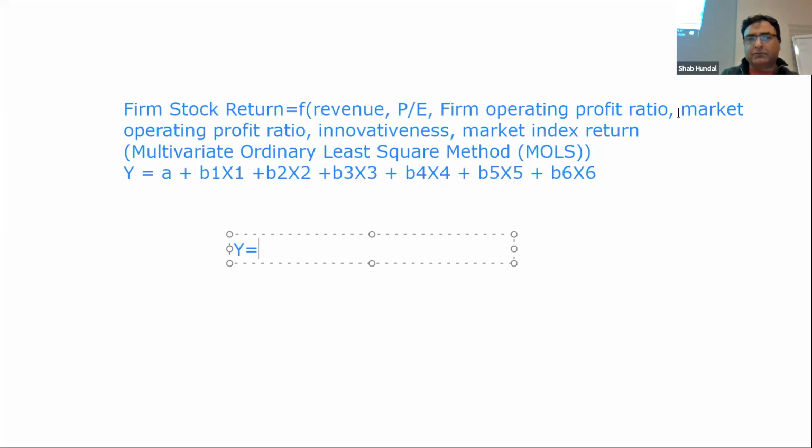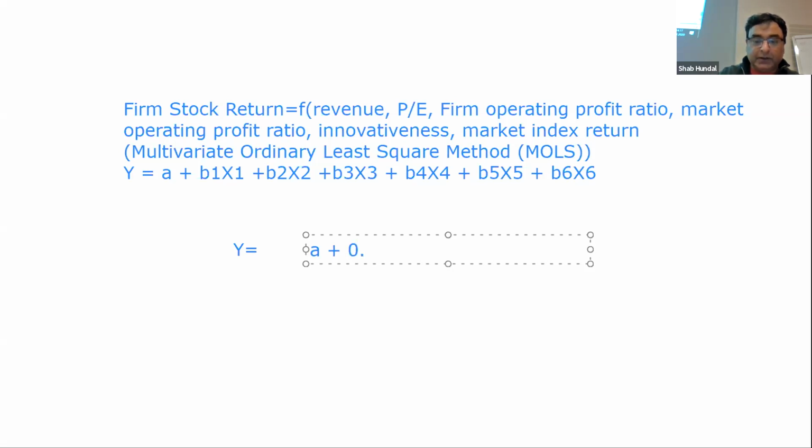DE. So let's call it B7. Anyways, so we can say that A will always be there, plus we have a variable FTSE 100, and this is 0.939, and this is FTSE 100.